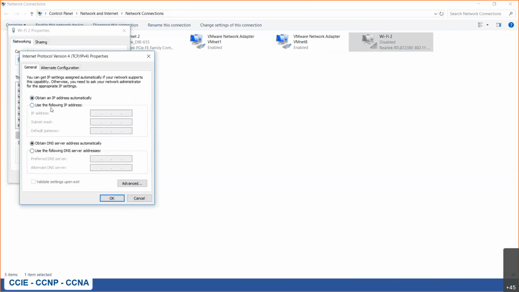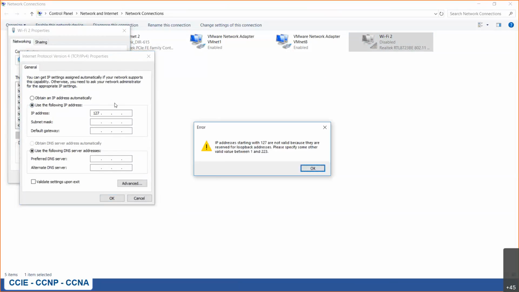Click on IPv4, use the following IP address. When I use 127, there's an error. The IP address starting with 127 is not valid because it is reserved for the loopback address. Please specify some other valid value between 1 and 223. So up to 223 only we can use.